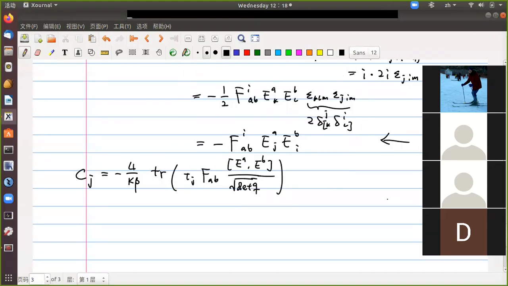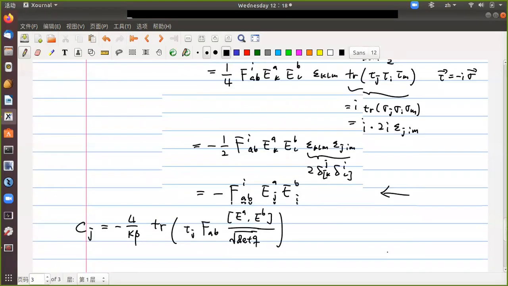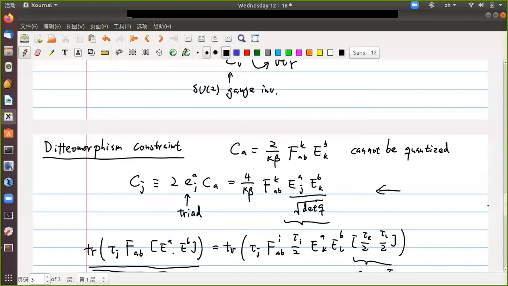All right. So now we have seen that what we have done is not exactly quantize the original formula for the diffeomorphism constraint, but multiply this diffeomorphism constraint by a triad, contract the diffeomorphism constraint by a triad.